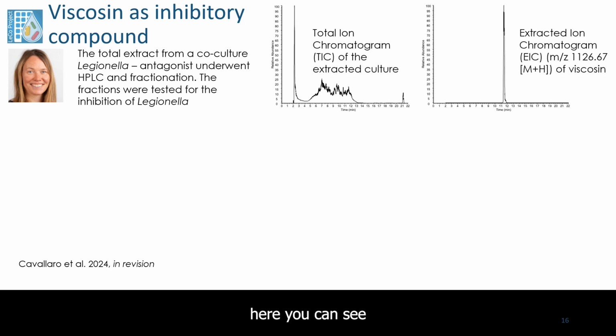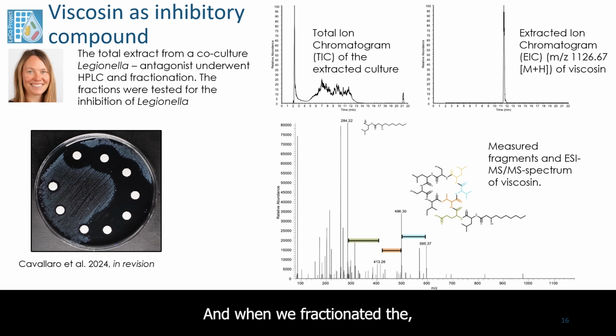Here you can see the TIC and EIC from the co-culture extract, and there are peaks that correspond to the mass of viscosin, so we could confirm that viscosin is part of this extract and is produced by the antagonistic bacteria. When we fractionated the co-culture, we noticed that the different fractions also had antagonistic activity towards the Legionella species. This is an MS-MS spectrum that confirmed the structure of viscosin, which is present in our extract.